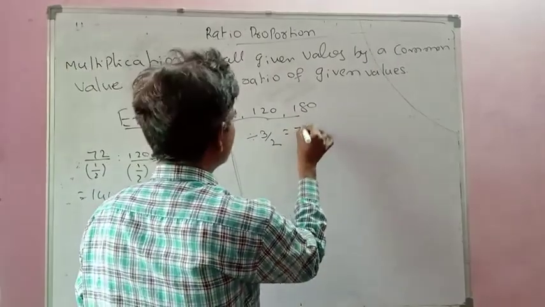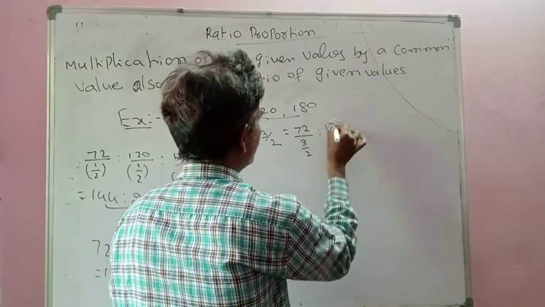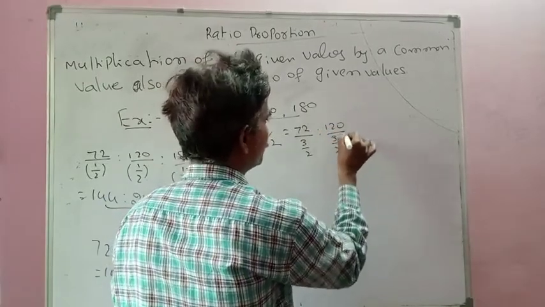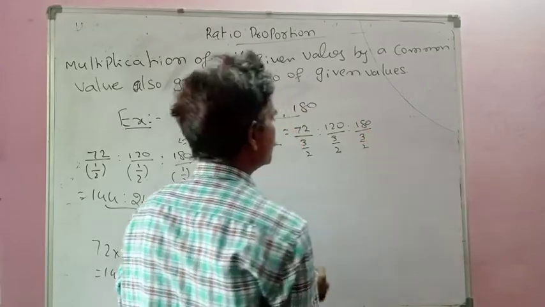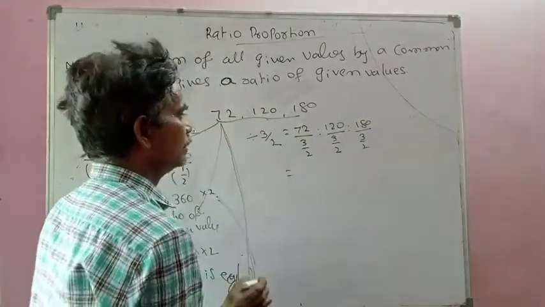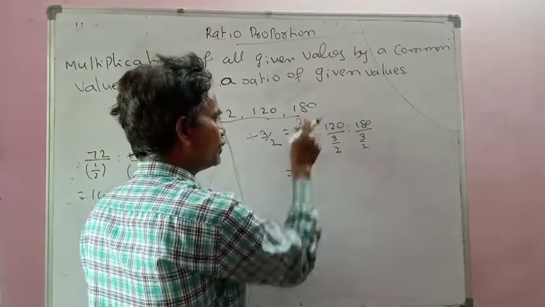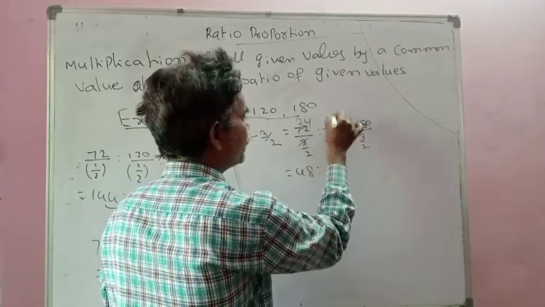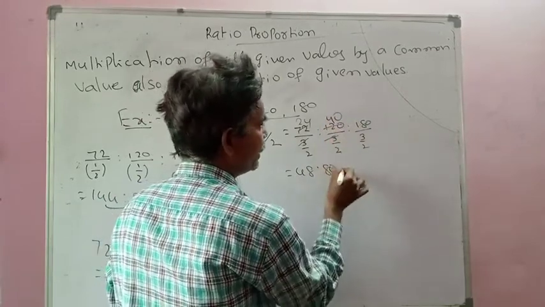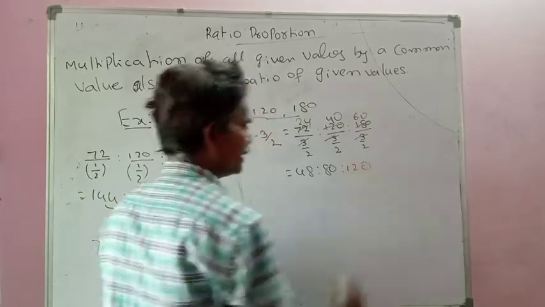That is 72 by 3/2 is to 120 by 3/2 is to 180 by 3/2. Then if we simplify this, 24 into 2 is 48, next 40 into 2 is 80, 60 into 2 is 120.